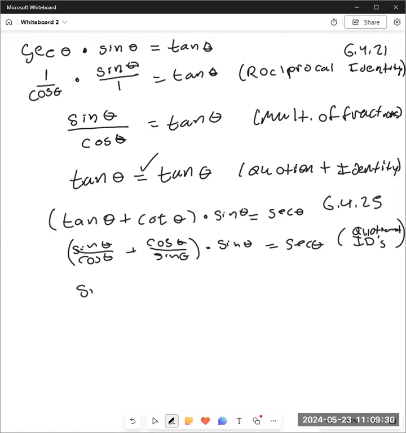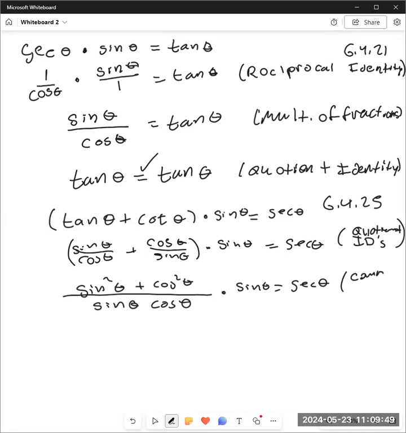And when I do that, that's going to be sine squared theta plus cosine squared theta over sine theta cosine theta times a sine theta needs to be equal to a secant theta. And that's just making a common denominator. Let's just say make LCD and add fractions.